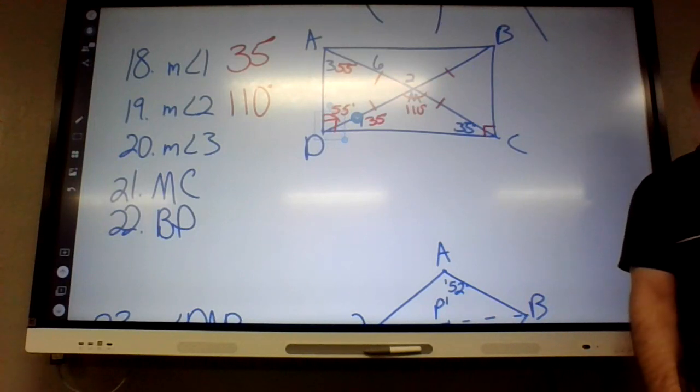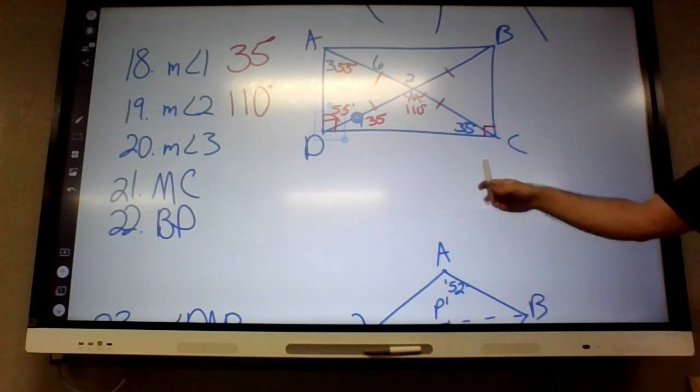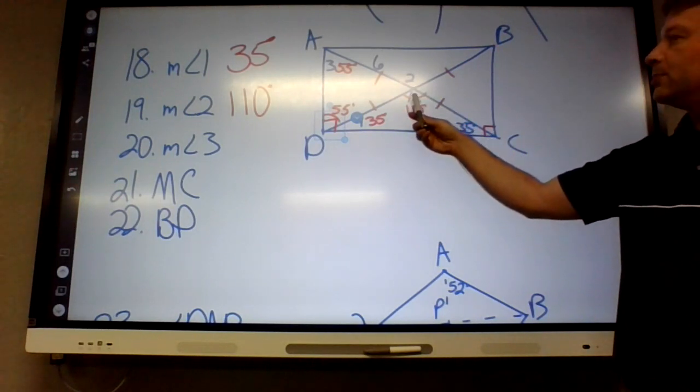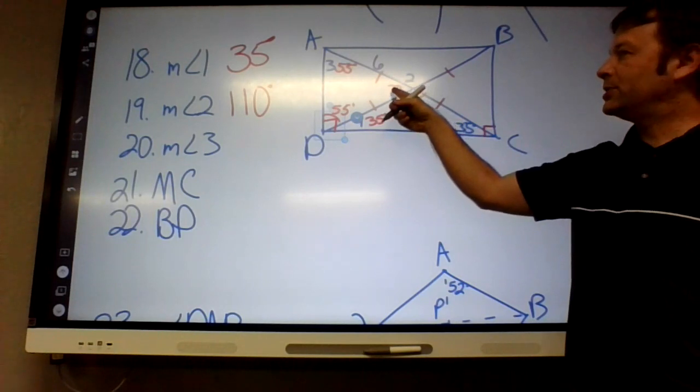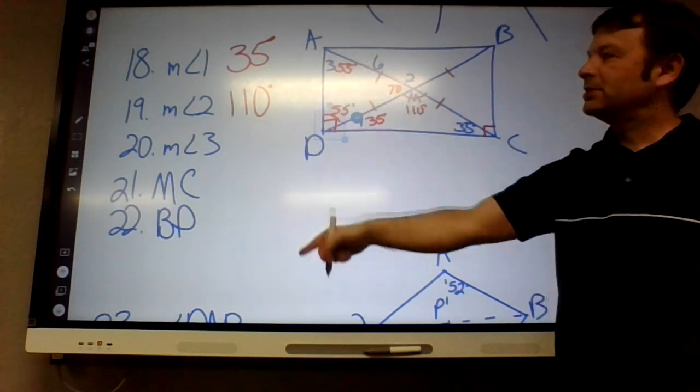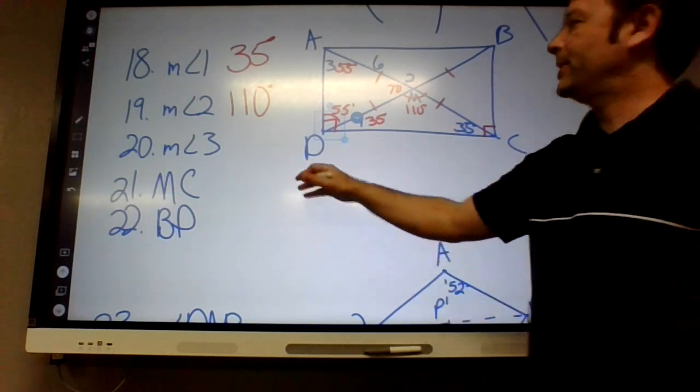There's another way you could find it, but that's the easy way. Another way you could do it is 180 minus 110 is 70. 180 minus 70 is 110 divided by 2. That would do it also. Okay, anyway, that's 55.